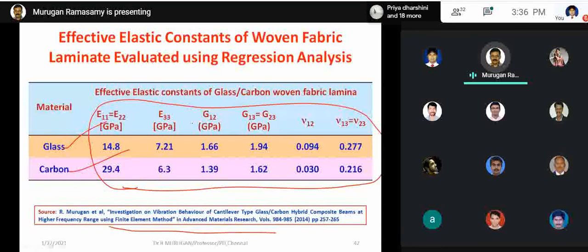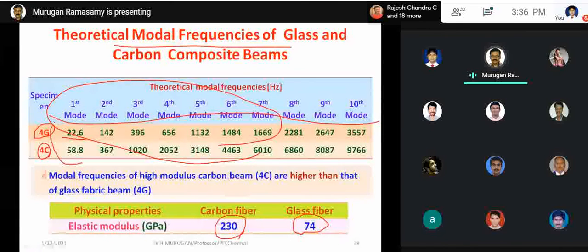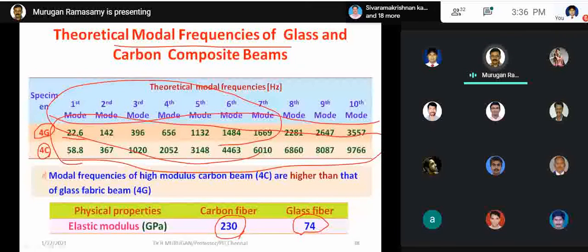So every time we changed that elastic constant till the frequency obtained by the finite element method, this frequency what we are showing here, should match with the experimentally obtained frequency. Till that we conducted the regression analysis.